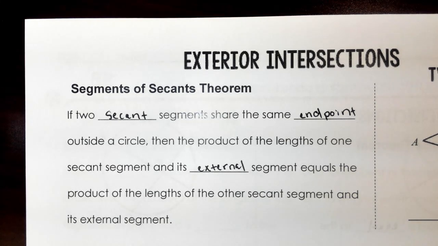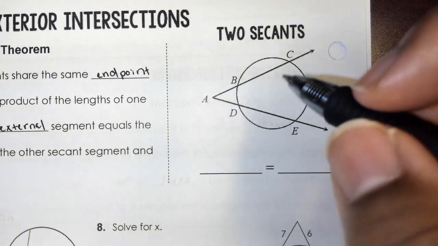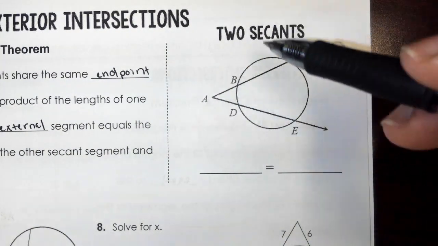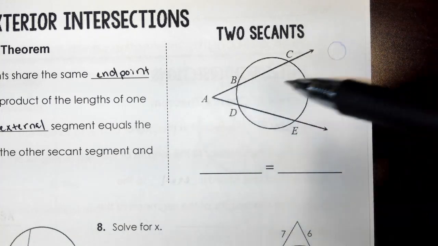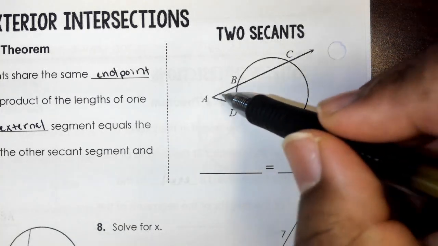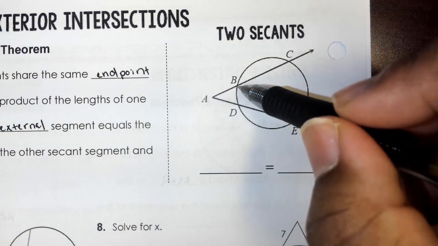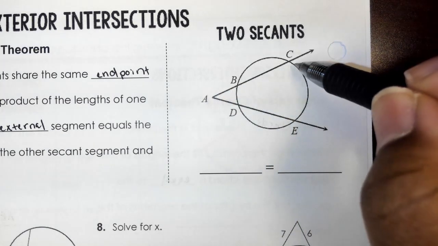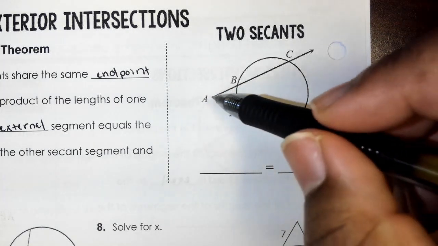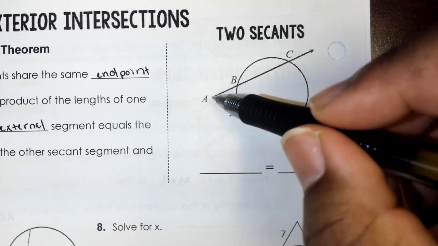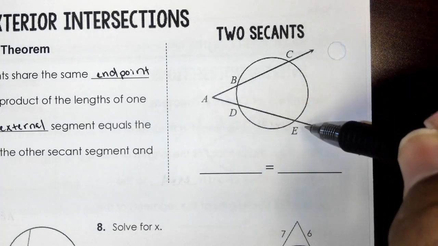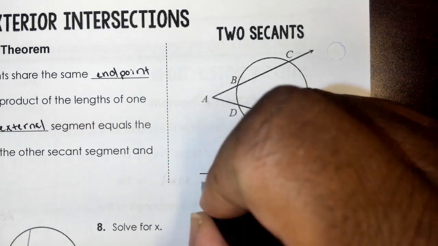Let me show it to you over here. The way you write this is going to be a little bit different. So they're saying on this first secant line right here, AC, for the theorem, AB times AC would equal this other secant, AD times AE. Let me write that up.